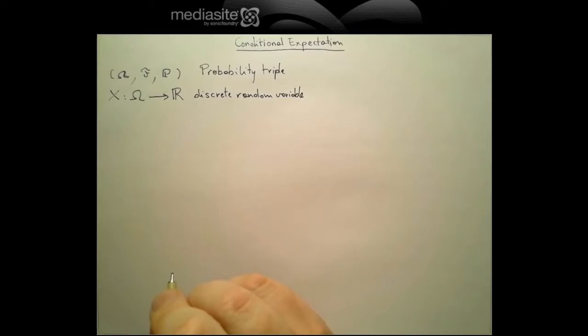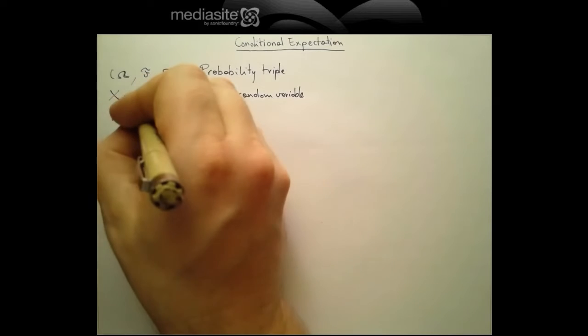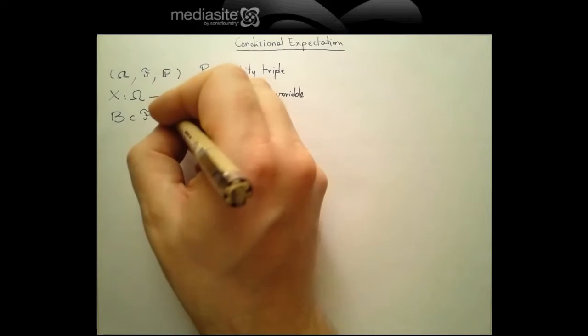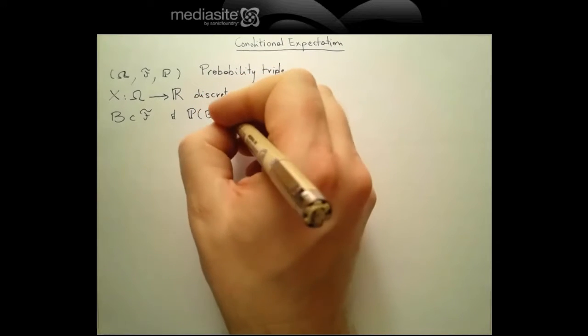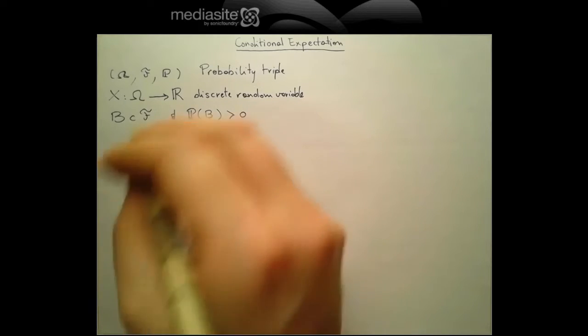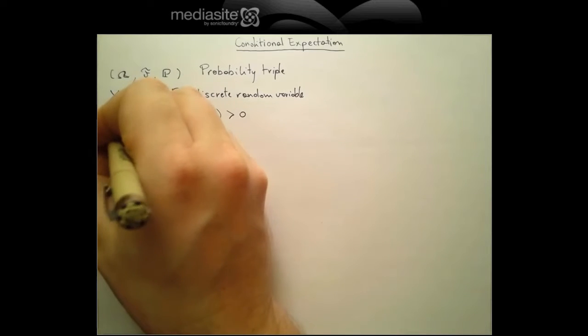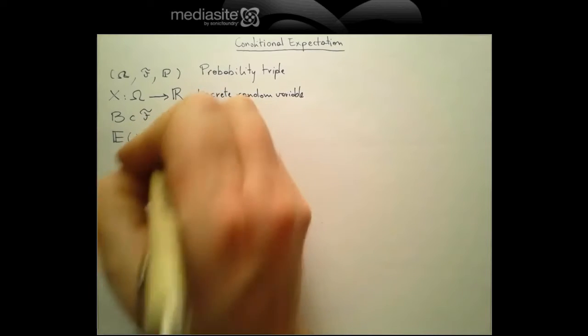Okay, so let's fix an event B that we can actually measure, so it's in F. And to avoid problems, I'm going to assume that it's a non-trivial event that has a non-zero probability of happening. Now, given that, I can then condition my variable X to the event B.